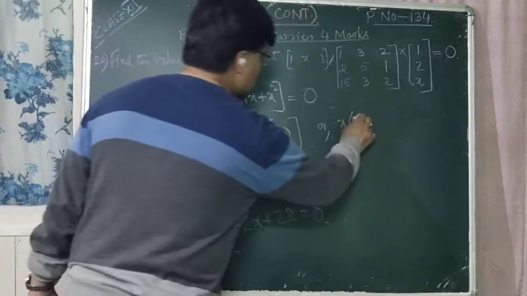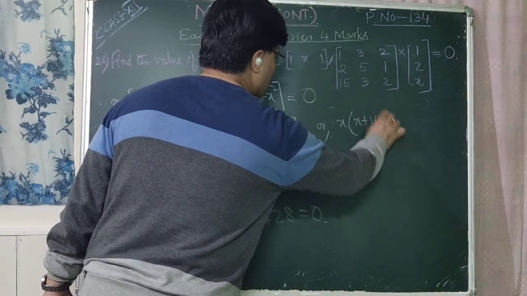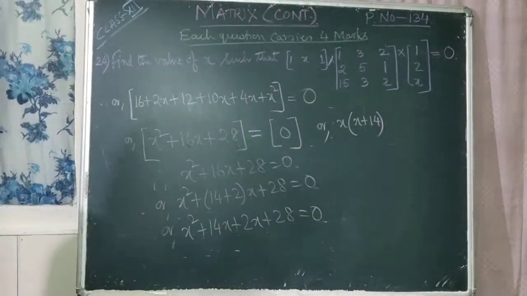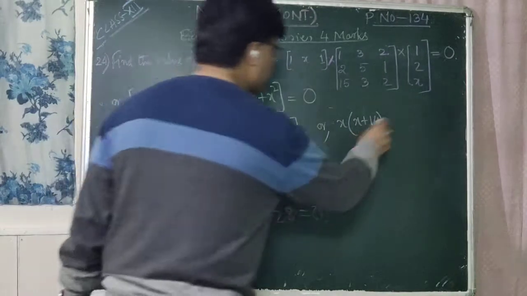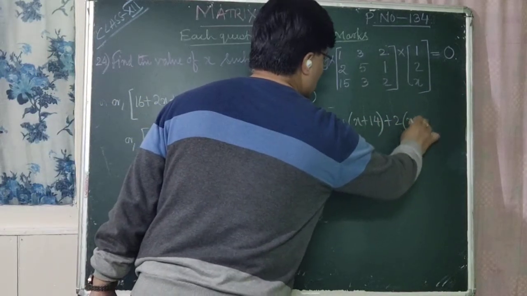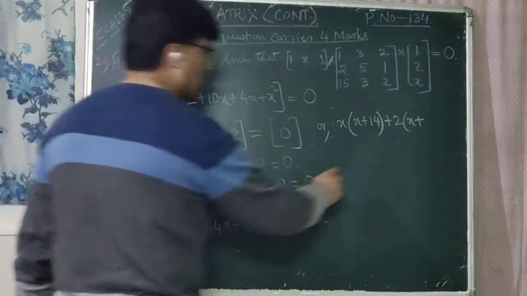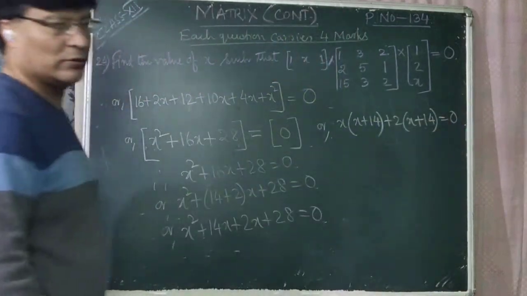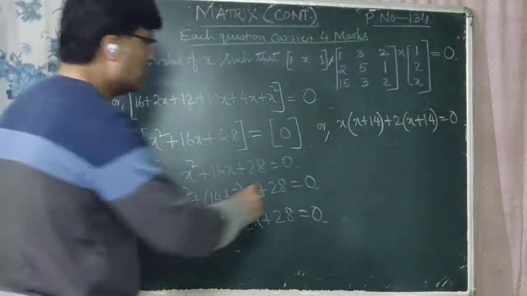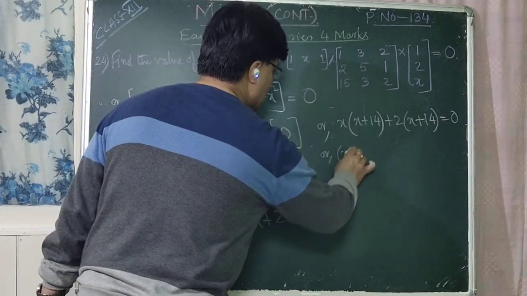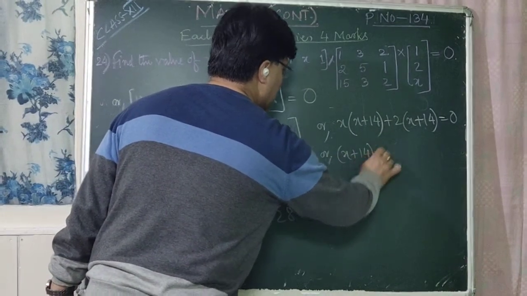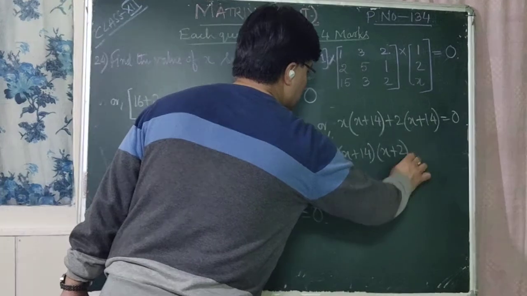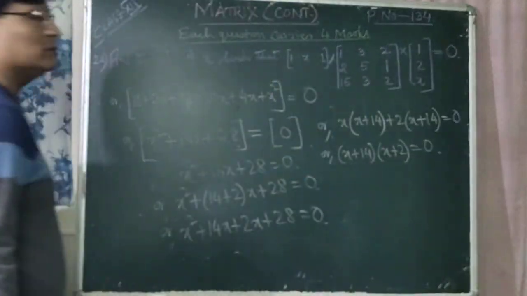So it is x plus 14. Again from the next two terms, what is common? Plus 2. So within bracket what do we have? X plus 14, which is equal to 0. Right? So again what is common out here? It is x plus 14 into x plus 2, which is equal to 0.